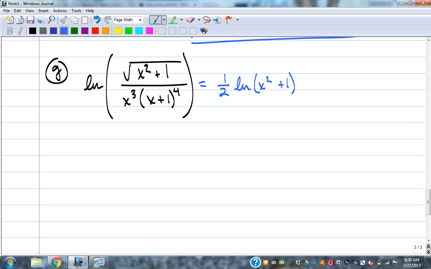The 1/2 power is from the square root. Okay, and then that's the top part. Minus. Okay. There's one thing missing.